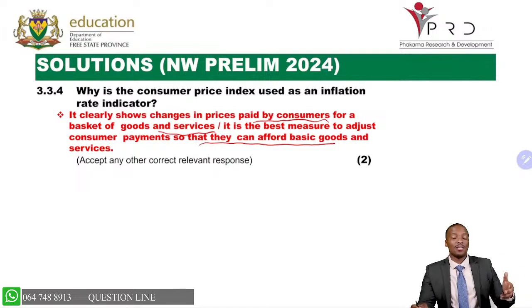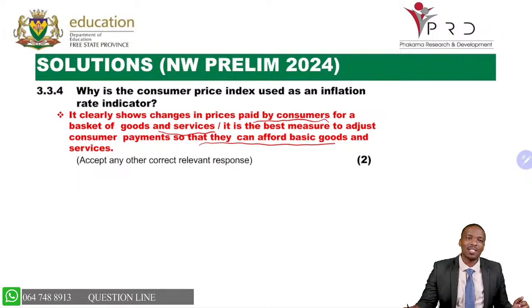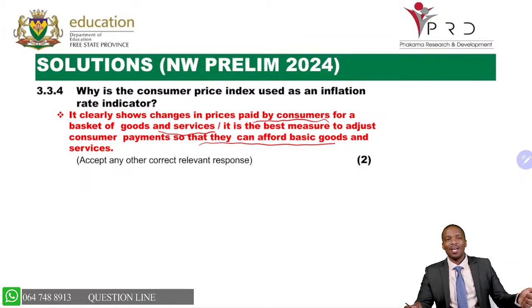If you remember in our lesson here, we showed you how you measure to say, how much was I paying for this particular good and how much are you paying now? Then there can be adjustment in terms of budget as well as affordability. That will determine the cost of living, and later the standard of living.